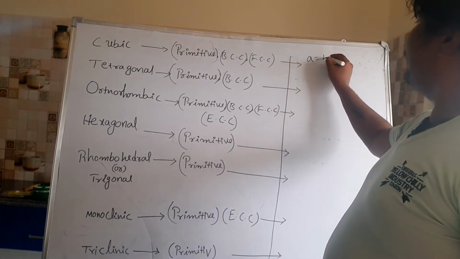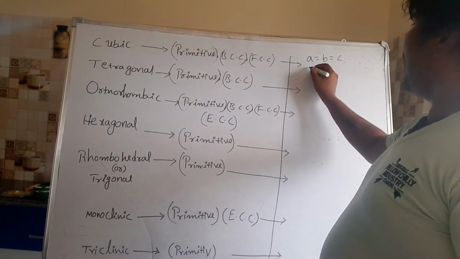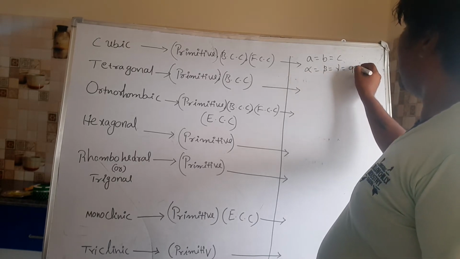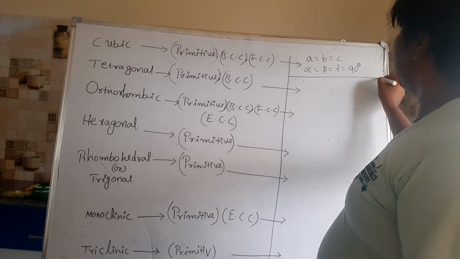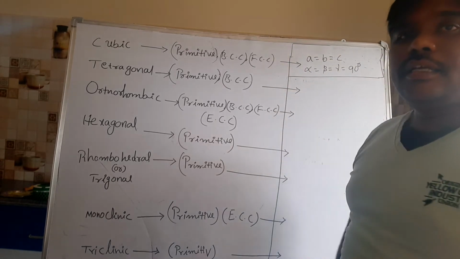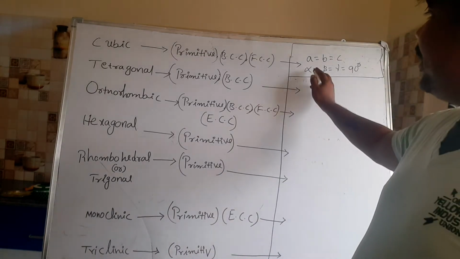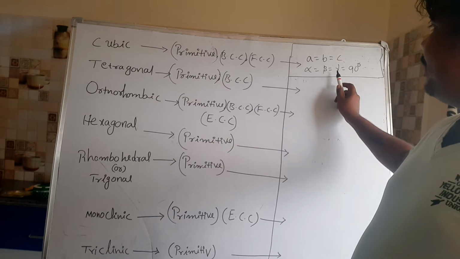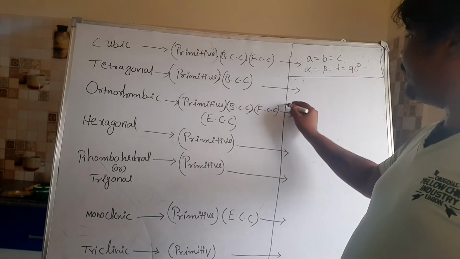a is equal to b is equal to c. Alpha is equal to beta is equal to gamma is equal to 90 degrees. Easy. It is just a normal cube. Normal cubic parameters: for cubic, a is equal to b is equal to c and alpha is equal to beta is equal to gamma is 90 degrees.